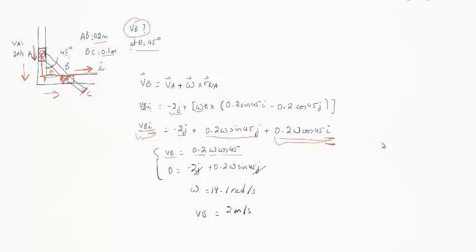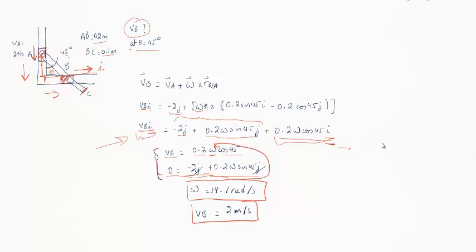Now that leaves us with the J terms having to equal 0, so we have this equation. We don't know omega, we need to find it. We can use this equation to find it. So from this, we get omega equals 14.1 radians per second, and plugging this in here, we get VB equals 2 meters per second.